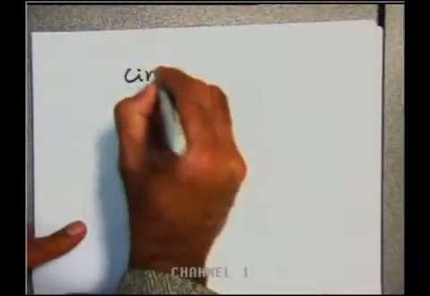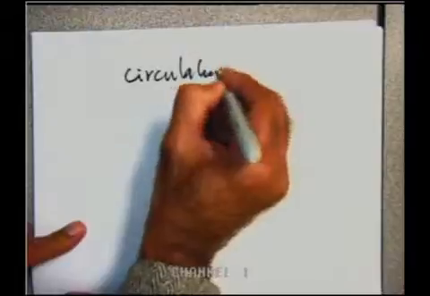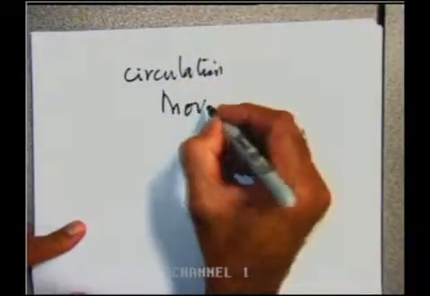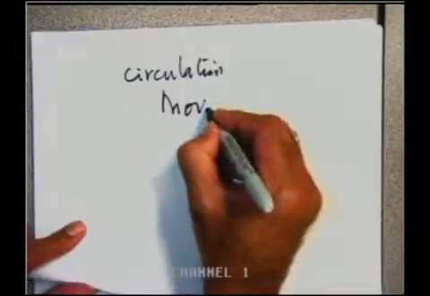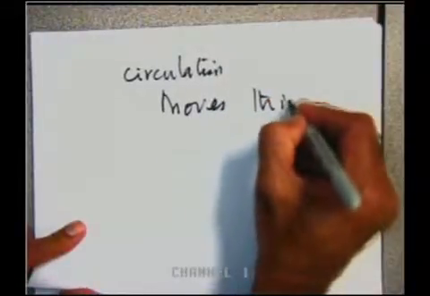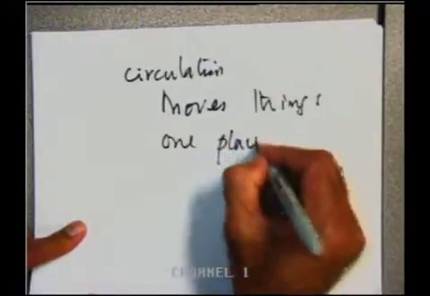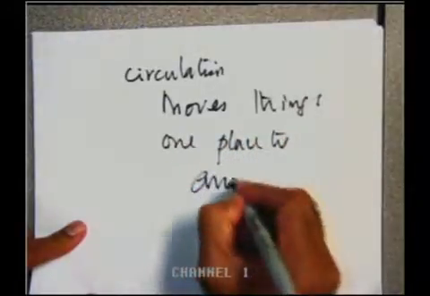In other words, I'll put it like this: circulation moves like a U-Haul, right, isn't it? Moves things from one place to another.